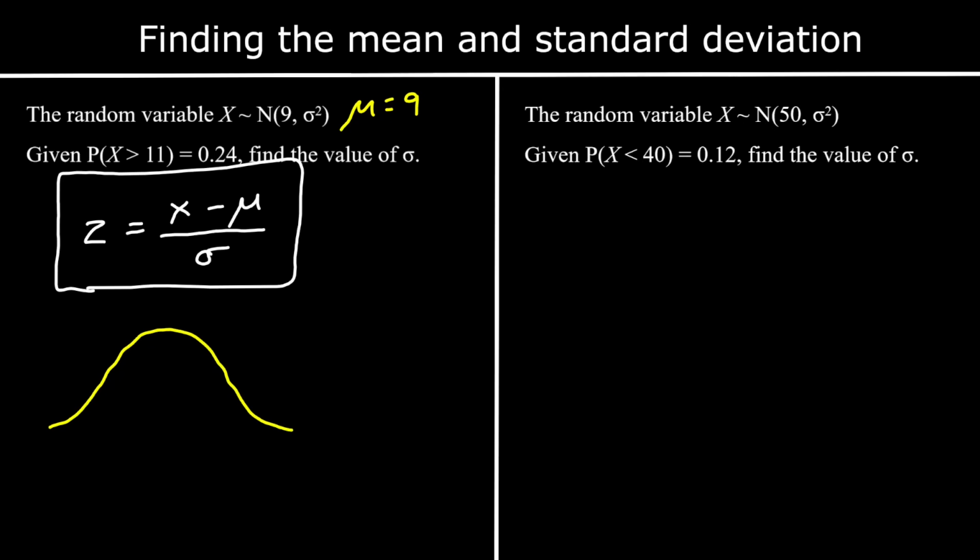So a quick sketch, our mean is at 9, and the probability greater than 11 is 0.24. So if the probability greater than 11 is 0.24, the probability that x is less than 11, the area to the left of 11, must be 1 minus 0.24, 0.76.